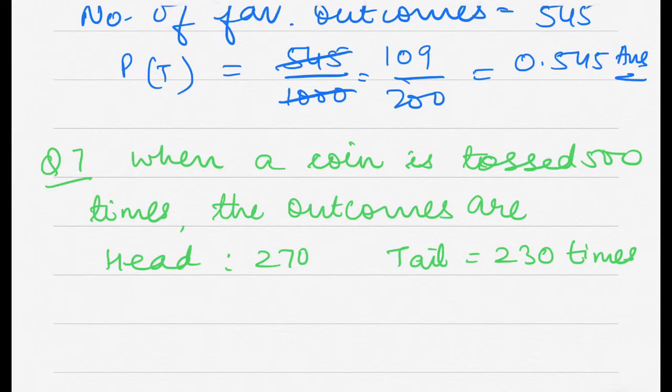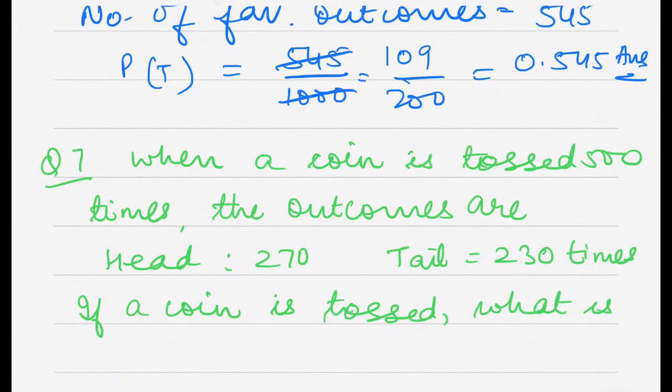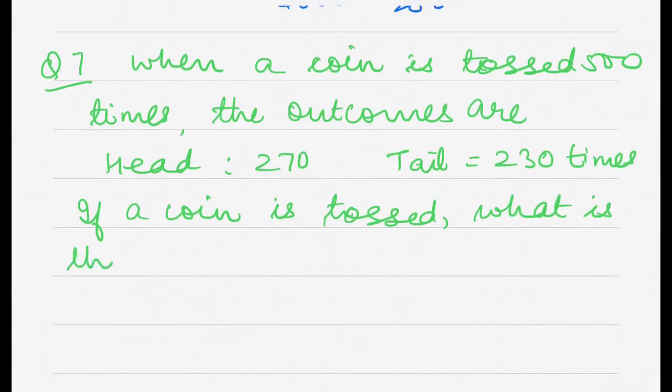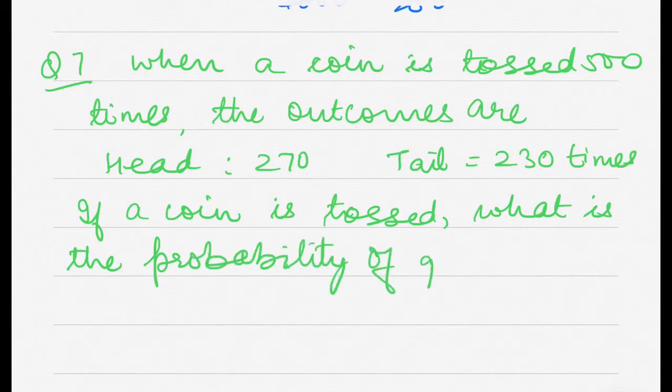Now if a coin is tossed, what is the probability of getting a head? In this case we are just asking for the head.